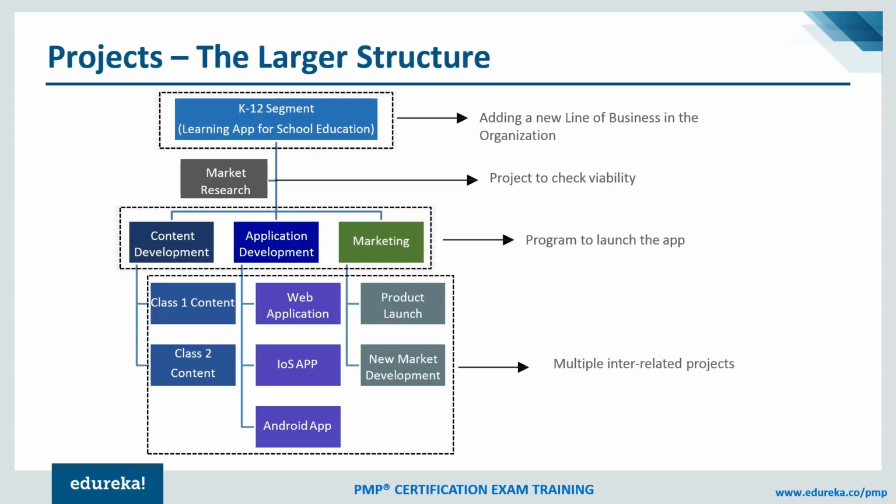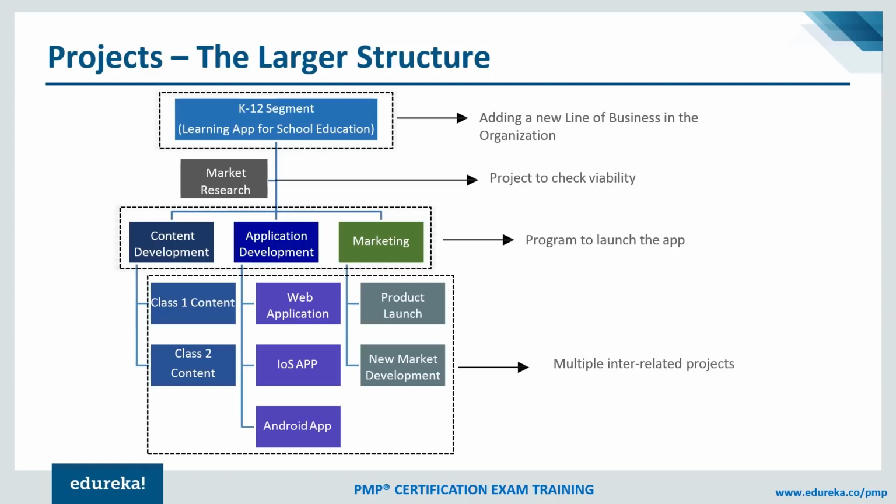And then you have the technical team, so one team working on the Android app. These are all small projects, but there is a dependency among these projects. You can say these projects are interrelated. So the team which is working on the content, they cannot create their own format, their own slide deck, their own animation, their own logo. No, they need to rely on the content or the template supplied by some other team.